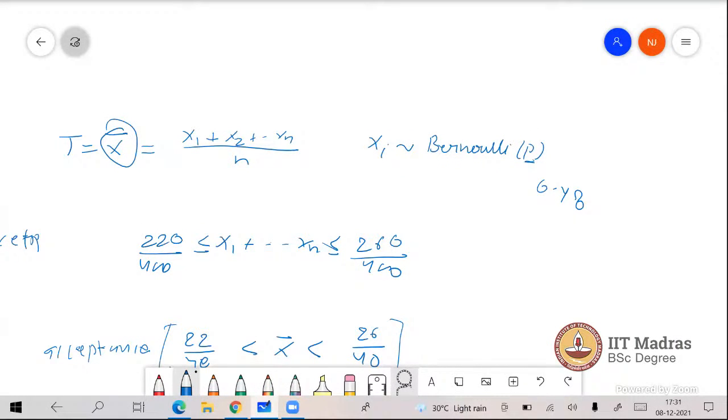If 48% of voters favor the hike, that is p is 0.48. Now, what is the expected value of x bar? Sir, 0.48.